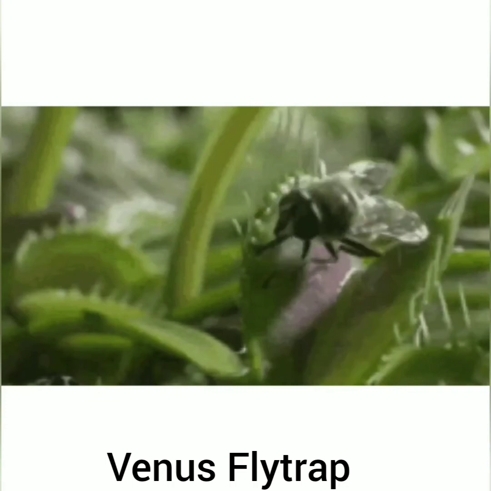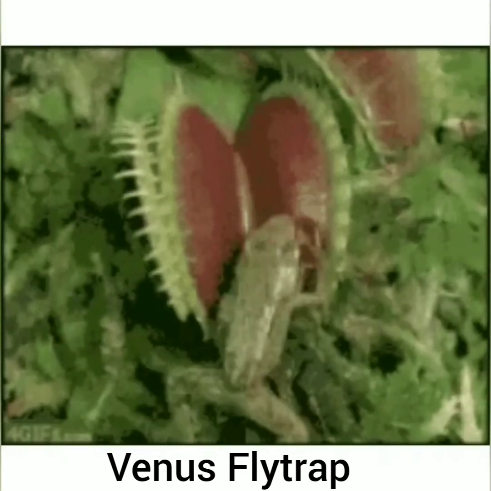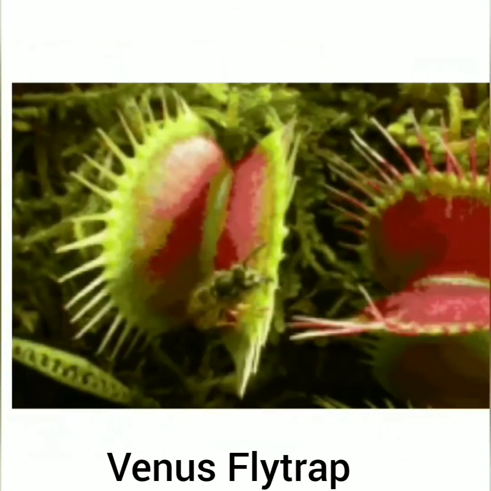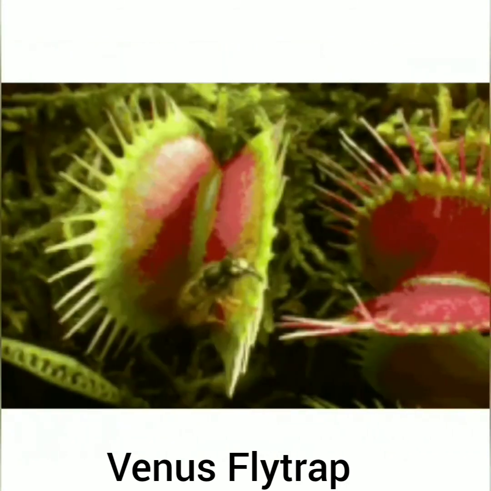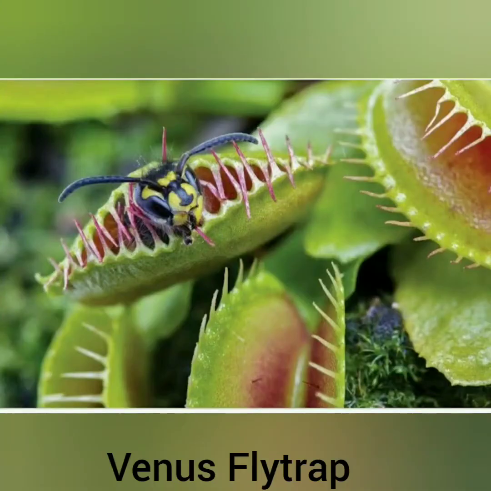The other insectivorous plant is Venus flytrap. The leaves of this plant are modified into two lobes that join at the center. The edges have long, sharp spines. Together, they form a trap on the inner surface of the leaf. There are hairs inside the trap. The plant secretes a sweet fluid that attracts insects.